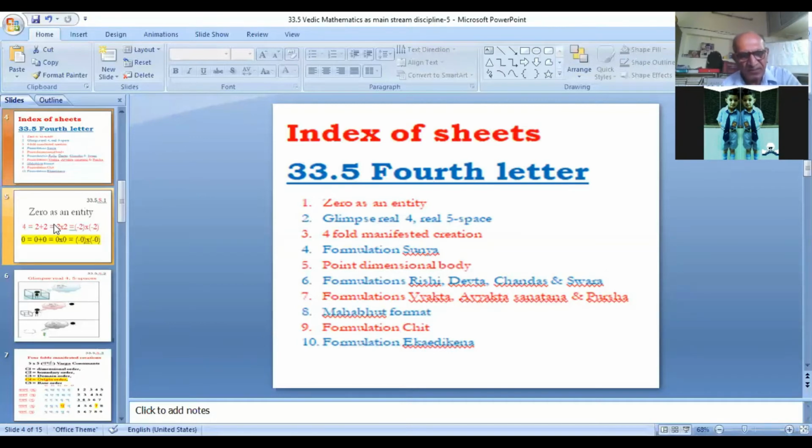The last phase in today's deliberation, for understanding the initiation in terms of the fourth letter, is the formulation Eka Adhikena itself, the very first formulation of the first sutra of the Ganita Sutras text, and it is the fourth letter of this formulation over which we are deliberating.